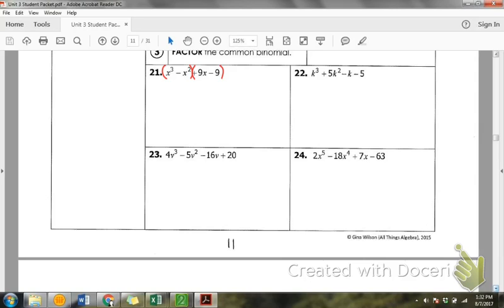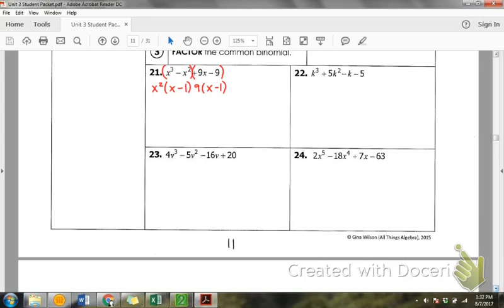What do the first 2 have in common? Good, x squared. Which leaves me with x minus 1. What does that second group have in common? Not just 3, but a 9, right? Which leaves me with x minus 1.